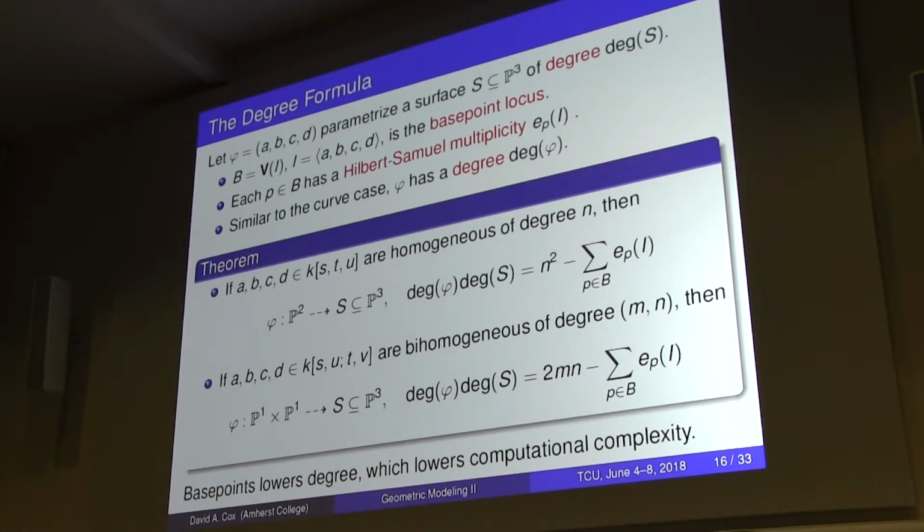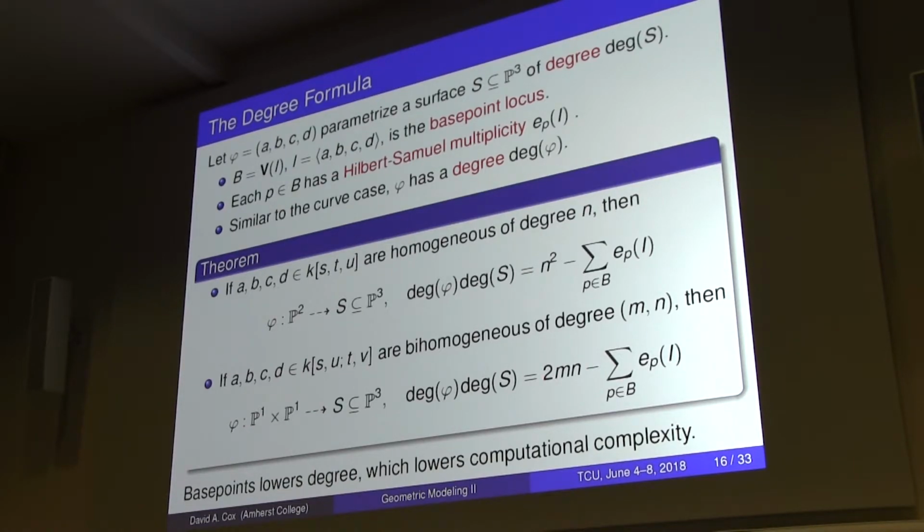And again, even if I'm thinking about this over the real numbers, I have to count complex base points, I have to count base points at infinity to make sure you get the correct answer here. And then it's almost the same in this case, except that, of course, my domain is P1 cross P1, so you get a slightly different formula.